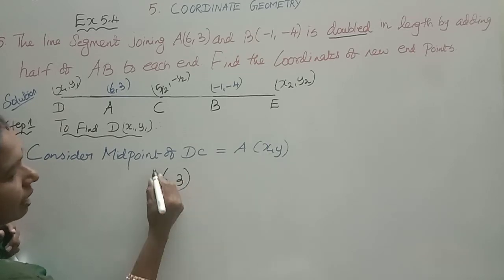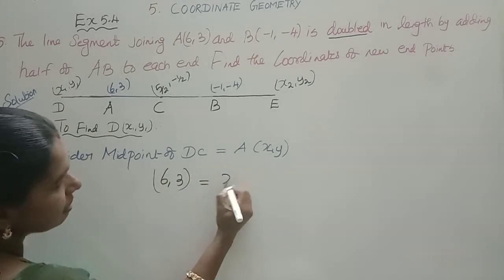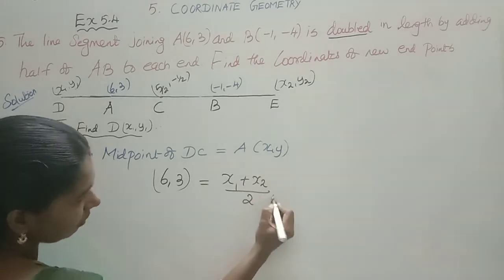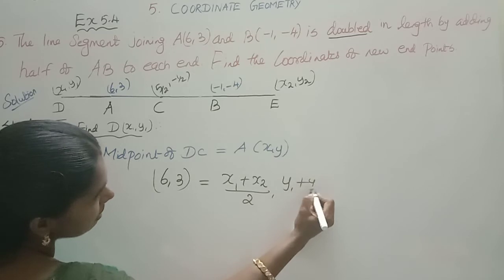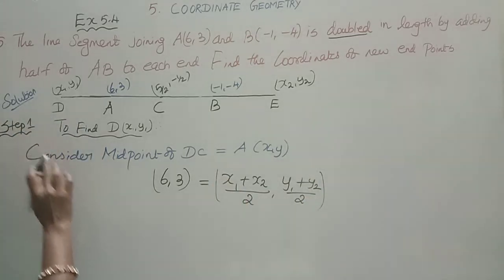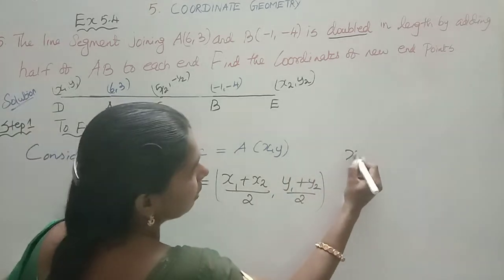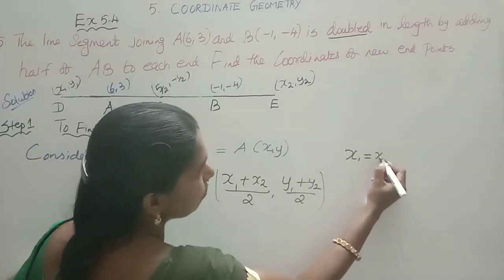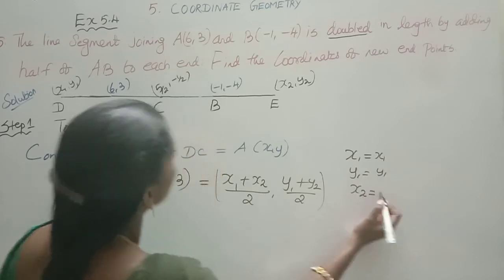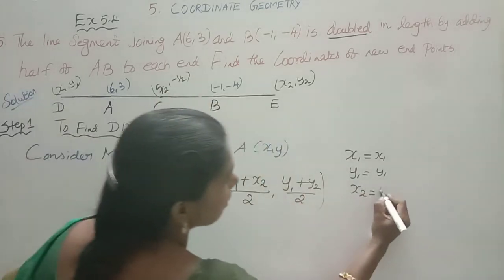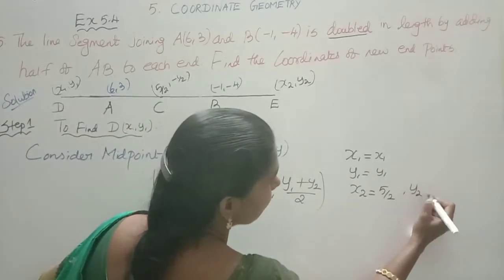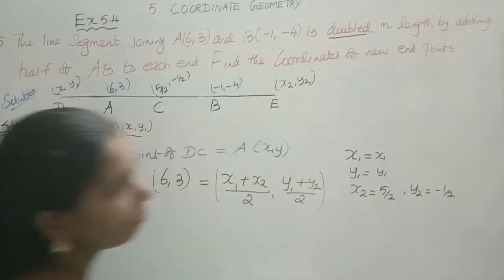It is 6, 3, equal to the midpoint of DC, which is x1 plus x2 by 2, comma, y1 plus y2 by 2. Now, x1 we don't know, so keep x1 as it is, and y1 we are going to find. And what is x2 here? x2 is the C point, 5 by 2, and y2 equal to minus 1 by 2.